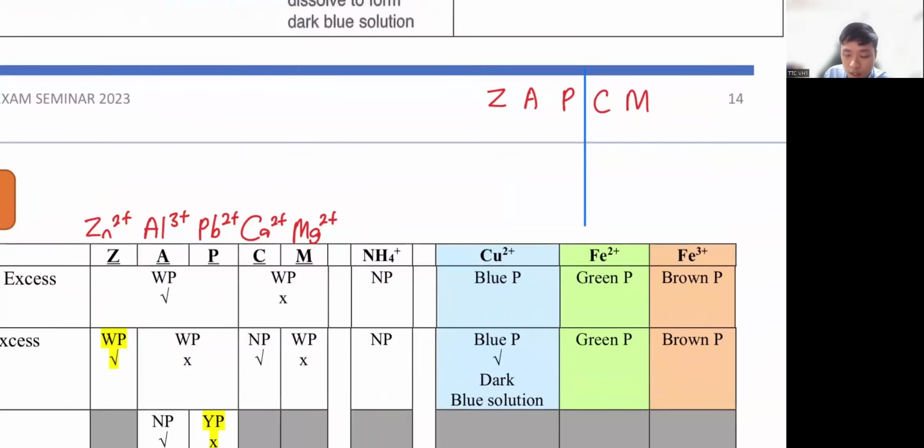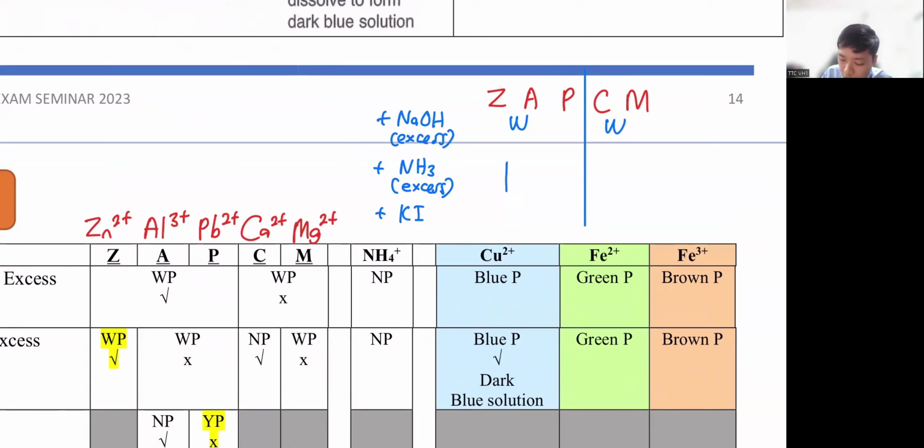After that, you need to remember you add three things. First, you add NaOH, then you add excess. After that, you add NH3, also in excess. Third, you add KI. So you have to remember this. First you get white precipitate.